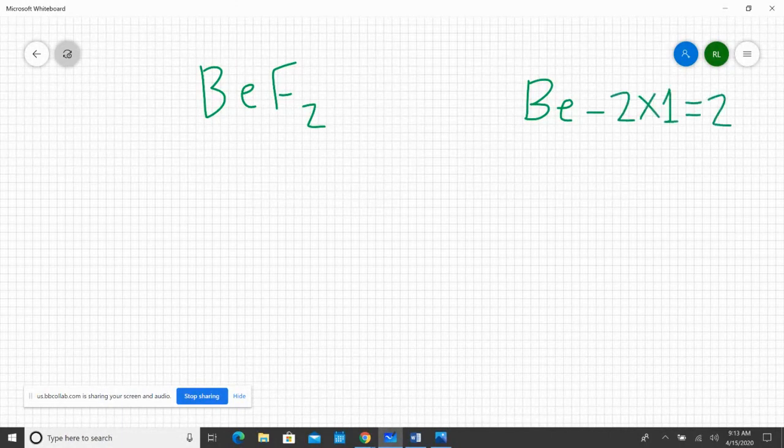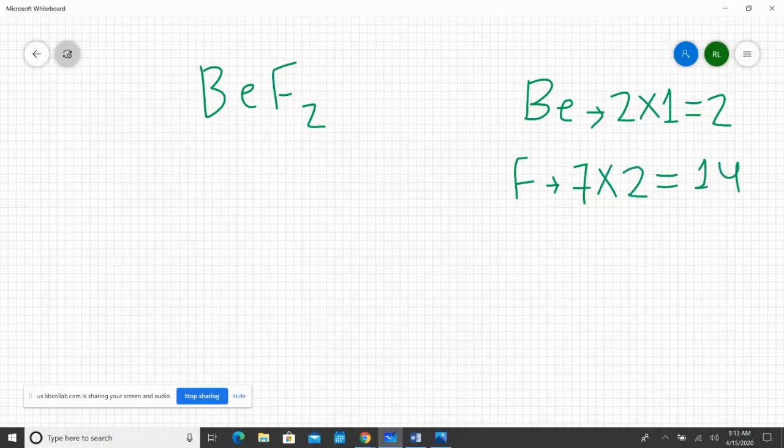Fluorine is in group 17 or group 7A, which tells you fluorine has 7 valence electrons, and you have 2 atoms of fluorine in BeF2, so a total of 14 valence electrons. You add these up, you have 16 valence electrons in total.